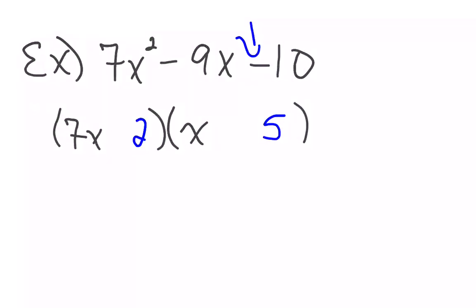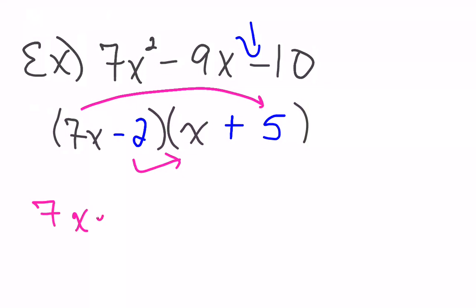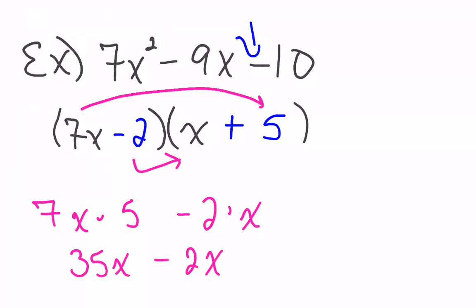Again, because we have a minus, we need 1 plus and 1 minus. And let's check our outers and inners. So 7x times 5, and then negative 2 times x. So 7x times 5 is 35x, negative 2x on this side. 35 minus 2 is 33x. We're looking for negative 9, so that doesn't work.